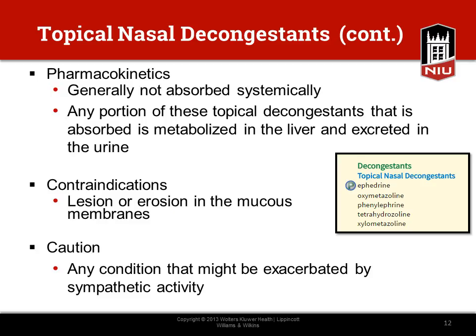Those are more chronic. We actually will use something like our ephedrine spray to try to help resolve a nosebleed, simply because of its vasoconstrictive properties. Obviously, caution with any condition that may be exacerbated by sympathetic activity.